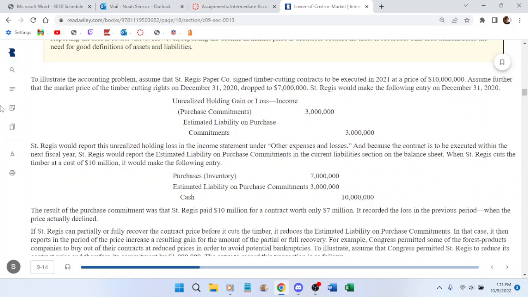So, purchases. Okay. Lose cash. Loss of cash. What? It paid the cash to cut it? Take away the liability.